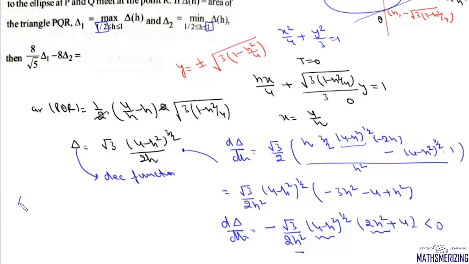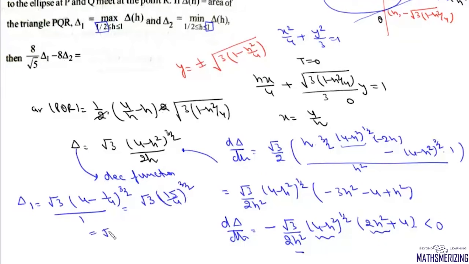So we'll find its maximum value when we put h as 1 by 2. We'll get root 3, and this is (4 minus 1 by 4) to the power 3 by 2 upon 1. So it will be 16 minus 1, 15. So we'll get this as root 3, 15 upon 4 to the power 3 by 2.